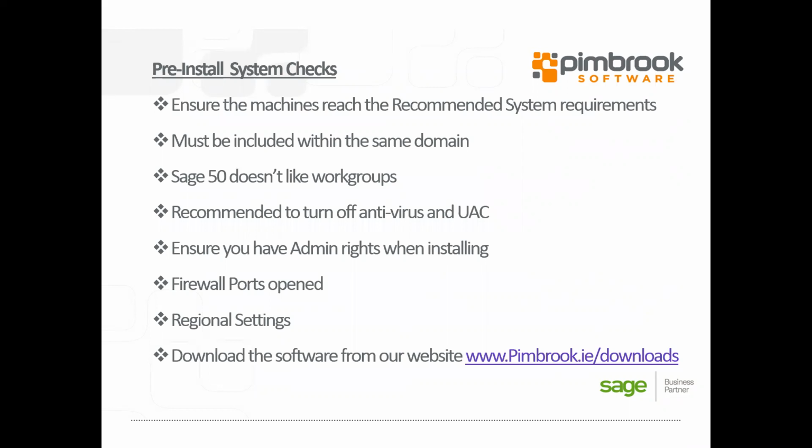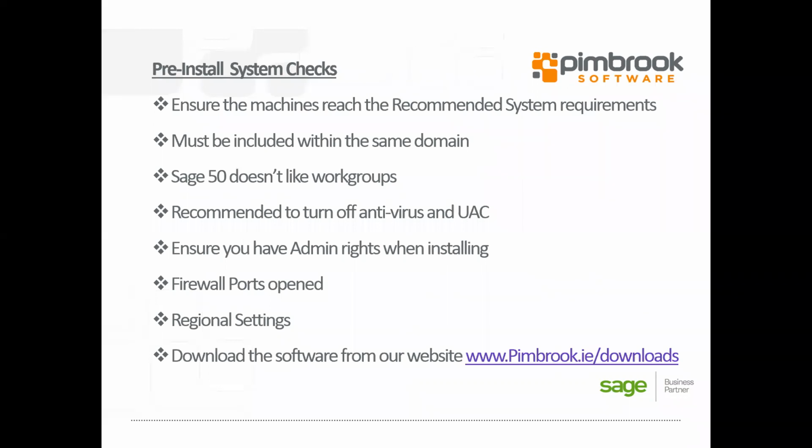For example, you might get a prompt that your system doesn't reach certain requirements, but you might be able to continue with the install, though you might have some performance issues down the line. So you really should make sure that your system requirements are met. And again, if you need the system requirements, we can send them out to you. Different versions obviously have different system requirements.